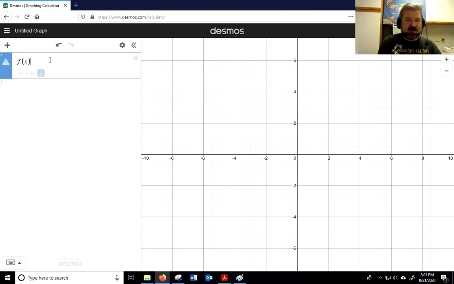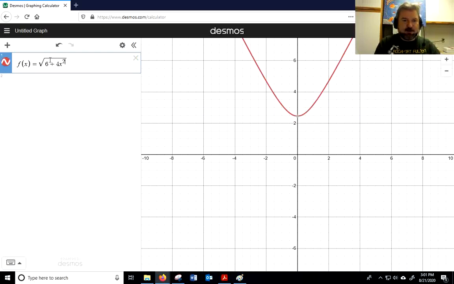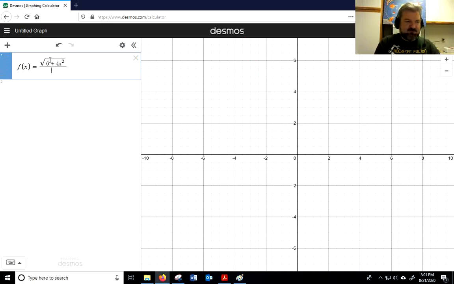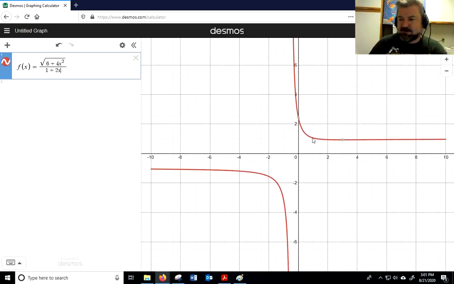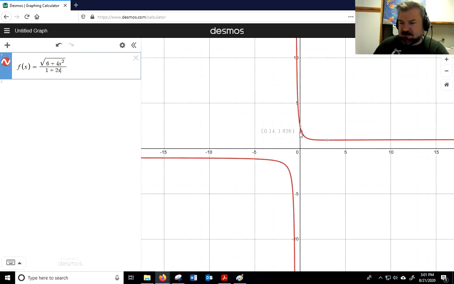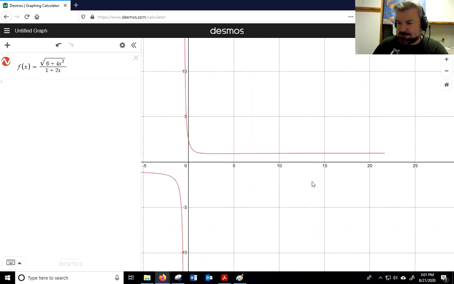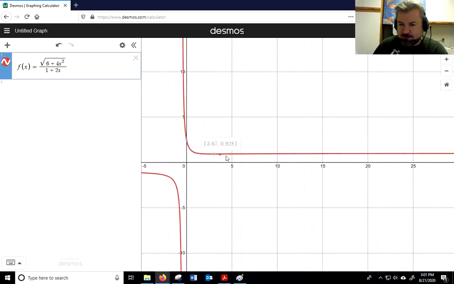All right, so we are looking at f of x is equal to the square root of 6 plus 4x squared, divided by 1 plus 2x. Okay, can you see what's happening? We have two distinctly different horizontal asymptotes.